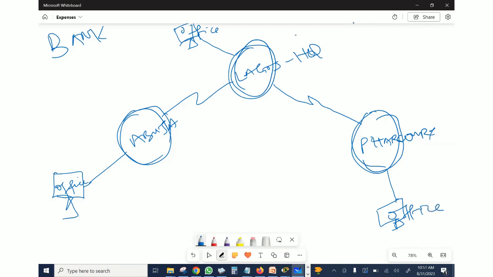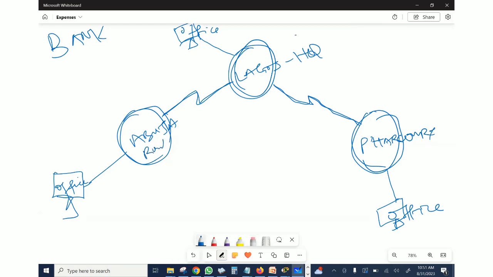You connected each of these branches over a WAN link. The WAN is not our discussion now. So now these are the 3 branches, and each of them has a router.